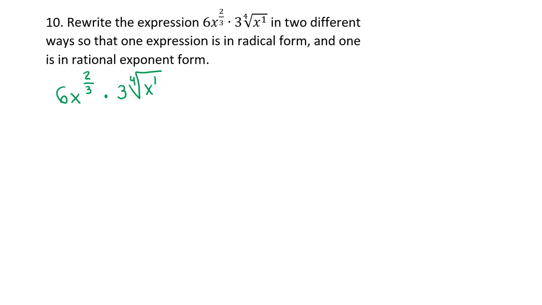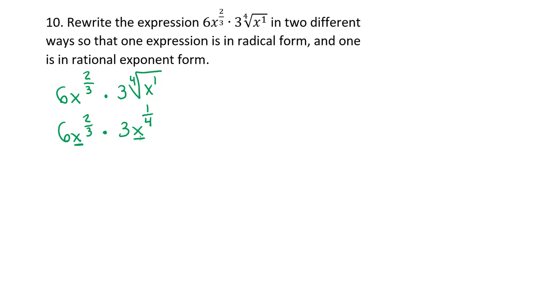So I'm going to rewrite the radical as a rational exponent. Exponent goes on top, index goes on the bottom. Once again, the exponent is tied to the x itself, not to the numbers 6 and 3. Therefore, with the times sign here, I can add the two fractions together because their bases are the same.